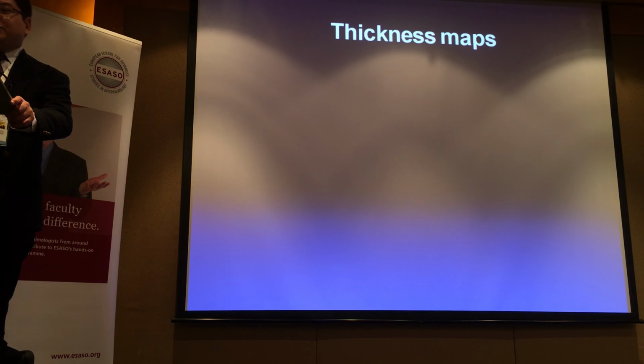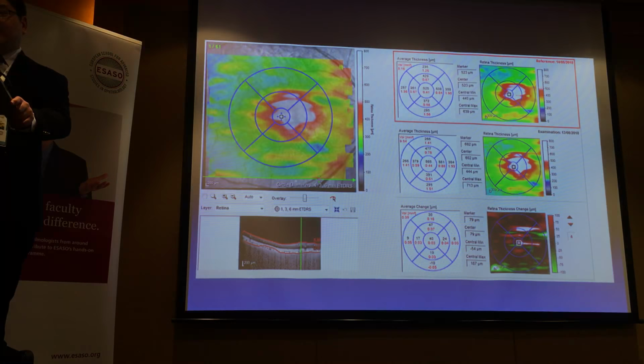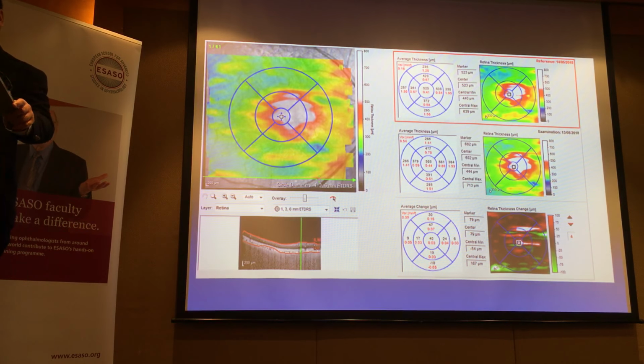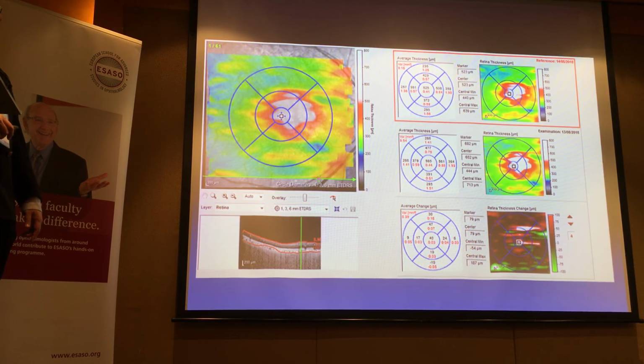Now, thickness maps, I mentioned that's something that we want to look at. So this is an example of a patient where you can have the thickness maps. You see the reference from May, the previous time the patient had a scan, and then in August. What do you see? You see 525, 565, and even on the color map, you do see some changes.